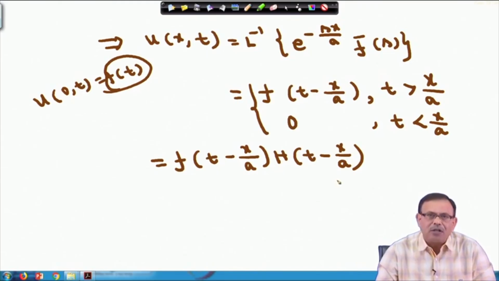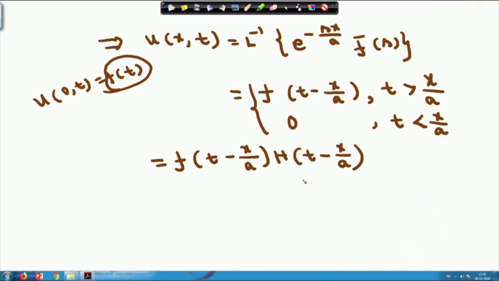And this was the third step: once I have obtained u bar x s, by using the inversion formula I obtain the value of u x t, and that way I write this particular equation, f of t minus x by a into h of t minus x by a.